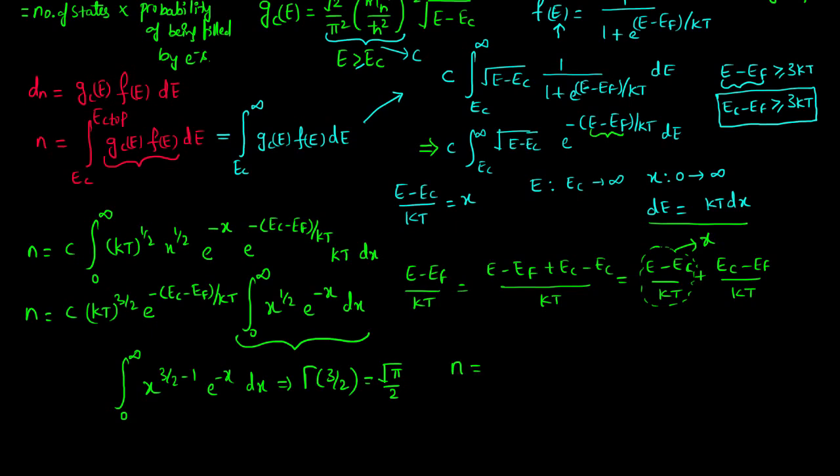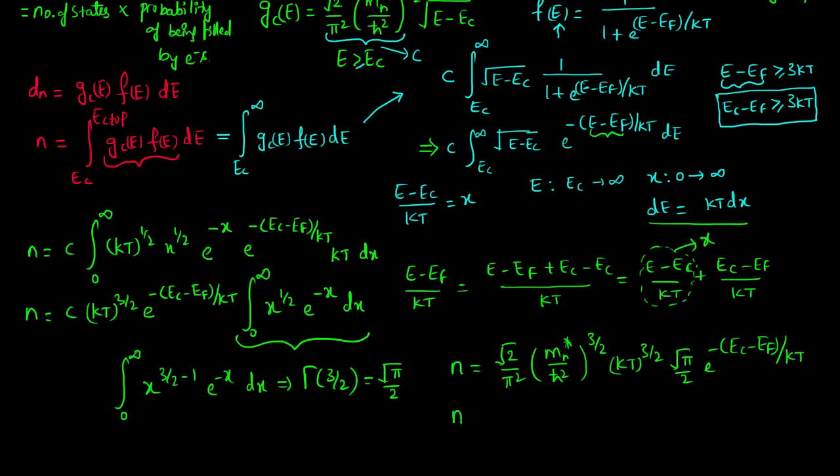Then we can write n is equal to C, which is square root 2 by pi square, times mn star, effective mass of electron, over h cut square, whole power 3 by 2, times we have kT power 3 by 2 times square root of pi over 2 times e power minus of Ec minus Ef over kT.